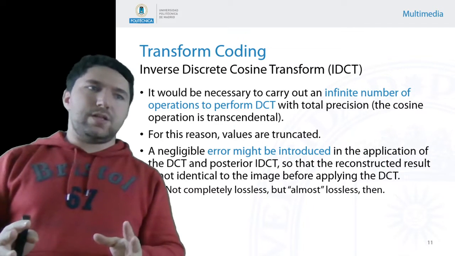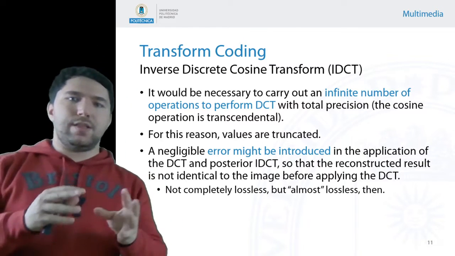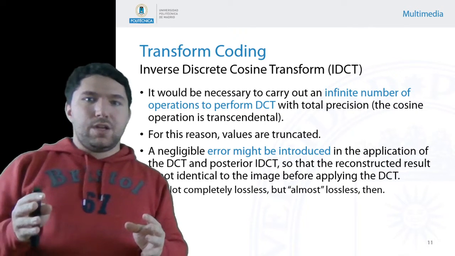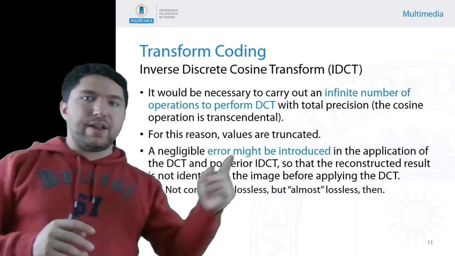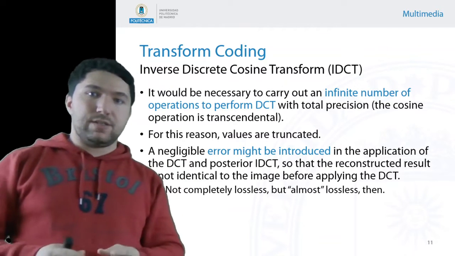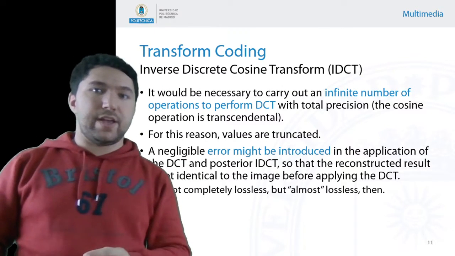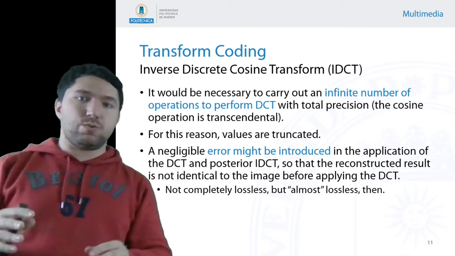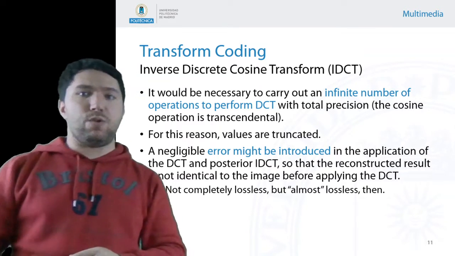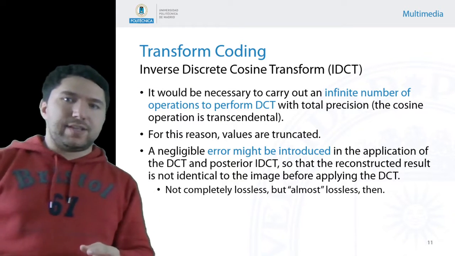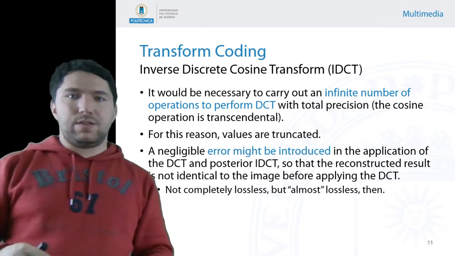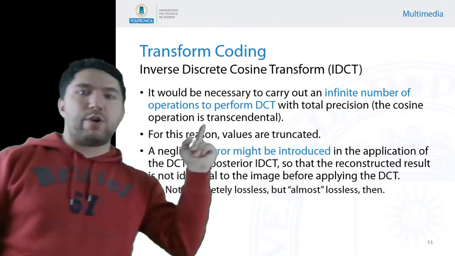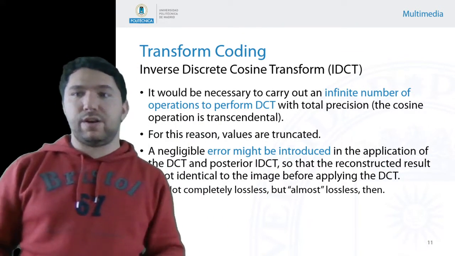Now, in this discrete cosine transform, we have to know that, of course, we can only perform a finite number of operations to derive the numbers if we apply the formula. But the problem is that we have a cosine in the formula, and to calculate the cosine, we need an infinite number of operations, and this is not possible in computers.